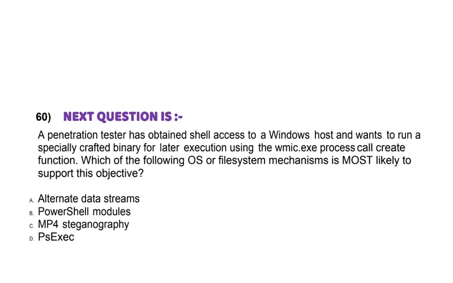Which of the following OS or file system mechanisms is most likely to support this objective? Option A, alternate data streams. Option B, PowerShell modules. Option C, MP4 steganography. Option D, PsExec. Correct answer is option D.